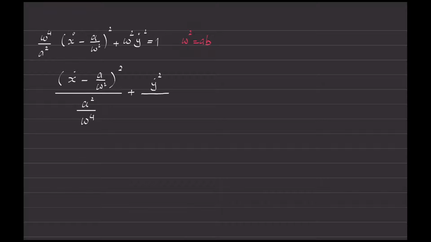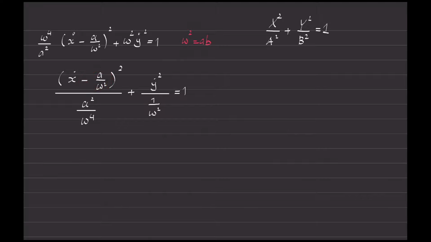Instead of writing omega squared like that, I would write it as 1 over omega squared. Then you can compare it with the standard equation of an ellipse, yes? Of course, this is for the case that the origin is the center, but here the origin is not the center: the y coordinate of the center is 0, and the x coordinate of the center is a over omega squared.